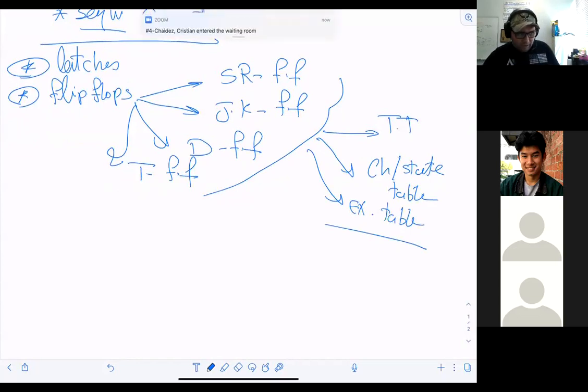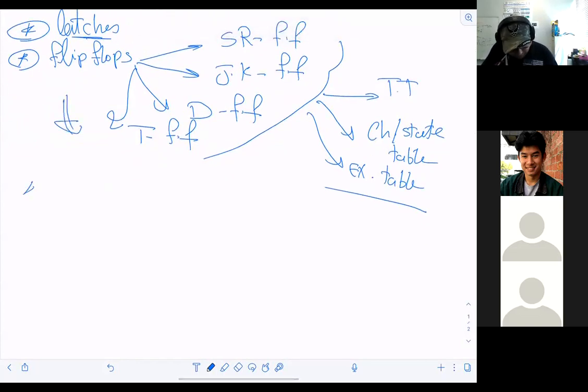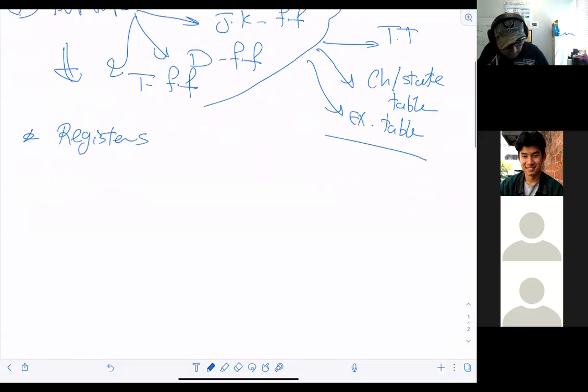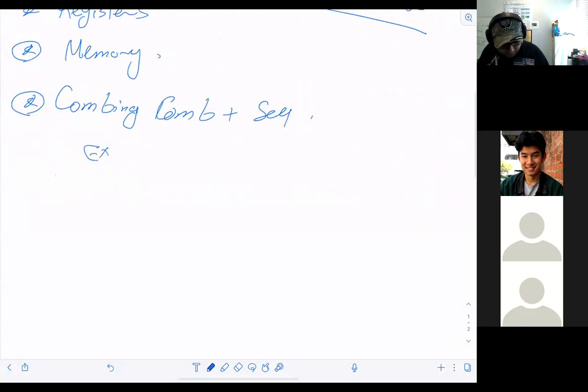We talked about the latches, and after we finish the flip-flops, we're gonna learn about replicating flip-flops many times, so we're gonna have registers. Having registers, we're gonna have memory. Then combining combinational with sequential, you can build, as an example, a processor.